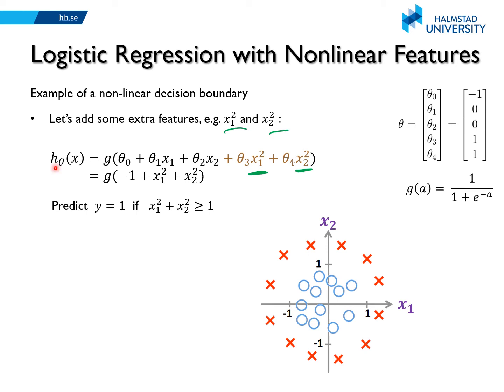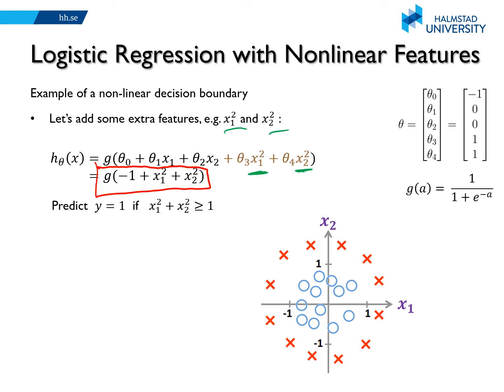So now our hypothesis function becomes h of x equals g of theta 0 plus theta 1 x1 plus theta 2 x2 plus theta 3 x1 squared plus theta 4 x2 squared, where g is our sigmoid or logistic function. Now based on this, we can define a nonlinear decision boundary. For example, if we take theta 0 equal to -1, theta 1 equal to 0, theta 2 equal to 0, theta 3 equal to 1, and theta 4 equal to 1, then we get this hypothesis function.